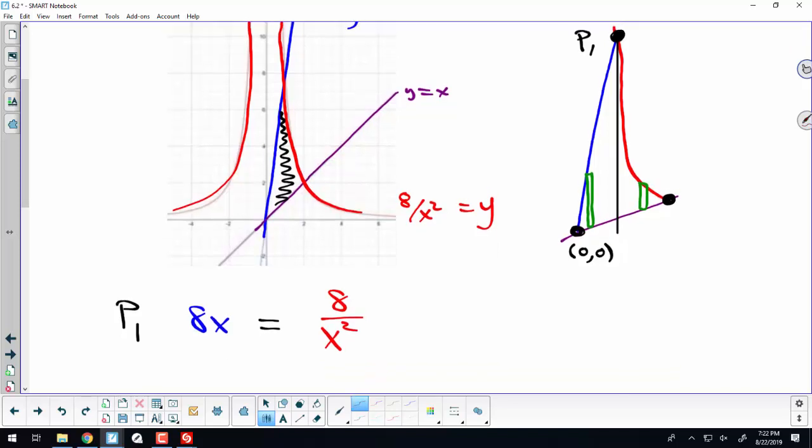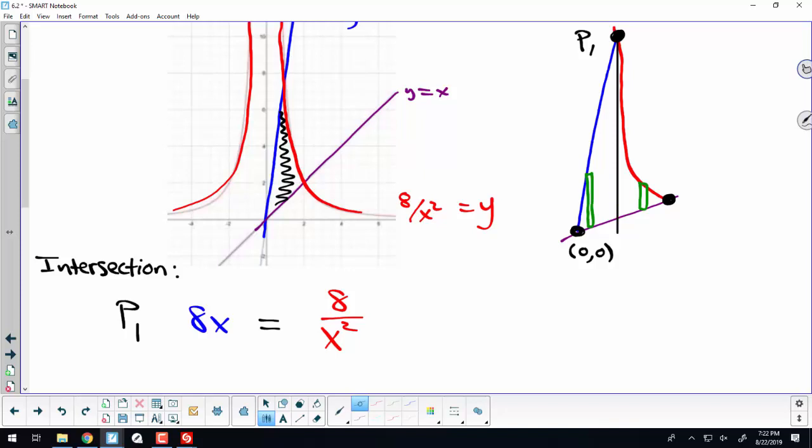So I'm going to write here intersection. In most cases, you need the intersection points because those are what's going to go in for your A and your B, your alpha and your beta, your limits of integration.